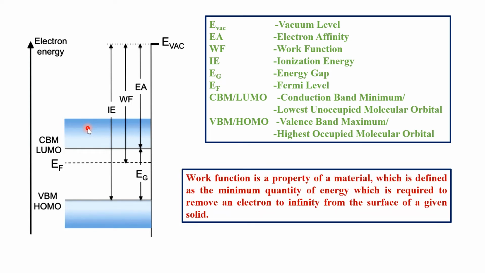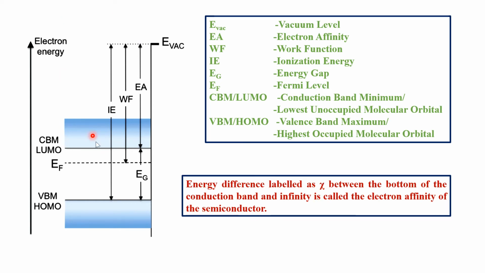Then we have what is known as work function. So considering with respect to the Fermi level, work function is defined as the minimum energy that should be given to an electron so that it can escape to infinity from the given material. If an energy value equal to the work function is given to the material, then an electron in this region will be able to escape to vacuum or move to the surface of the solid.